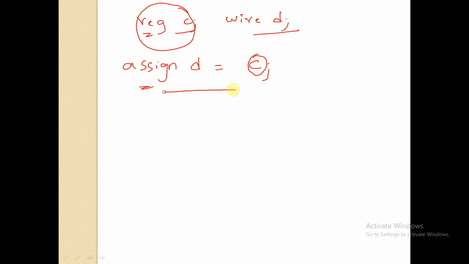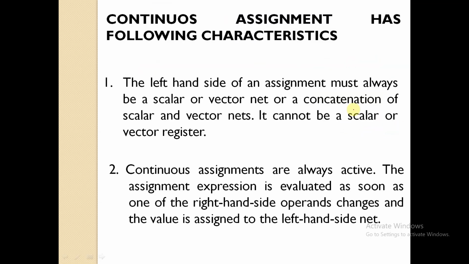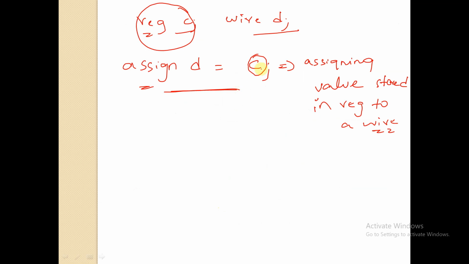So this is a continuous assignment where I am assigning the value of a reg to a wire. The first case stores a direct value to the wire, and the second case stores the value stored in the reg to the wire.